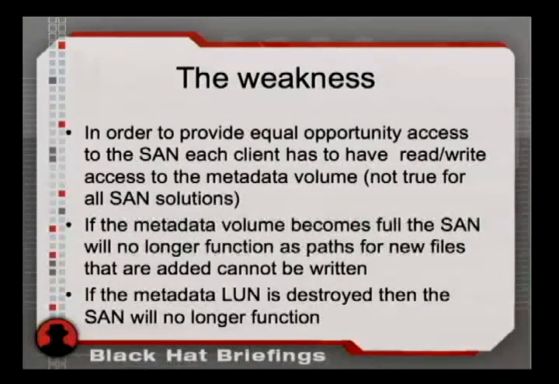But in order to provide equal opportunity access, each client has to be able to read and write to the metadata LUN, which is kind of an inherent flaw, because if each client can write data to the metadata LUN, each client can fill it up, which will cause essentially a DOS of the SAN. You can also cause a full corruption of the volume by writing bad data to the metadata LUN. Does that make sense?